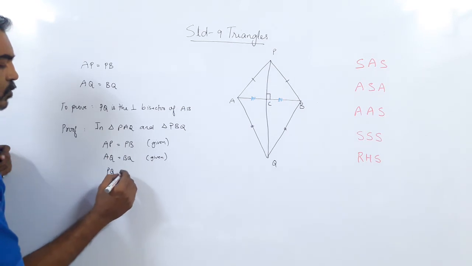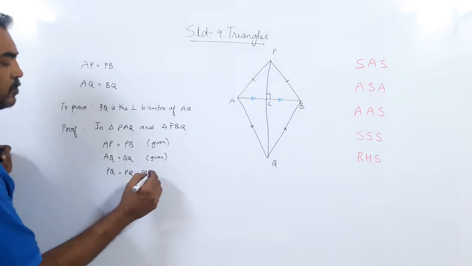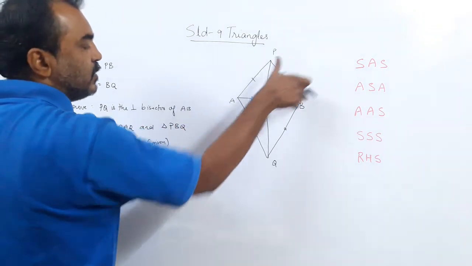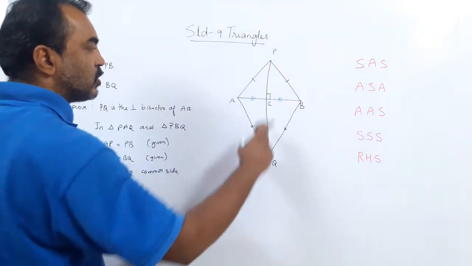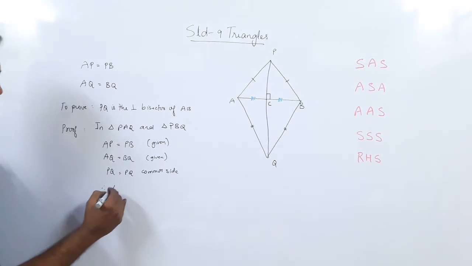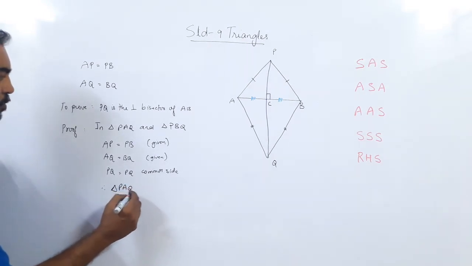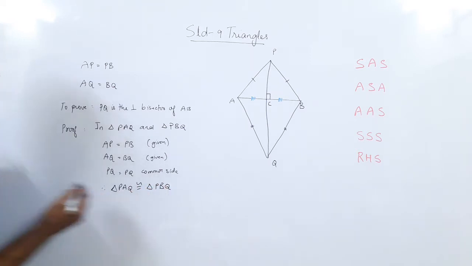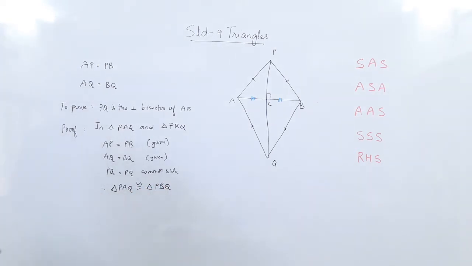PQ equal to PQ. Common side. So this side and this side is equal, this side and this side is equal, this is the common side. Therefore, triangle PAQ is congruent to triangle PBQ. So these two triangles are congruent.